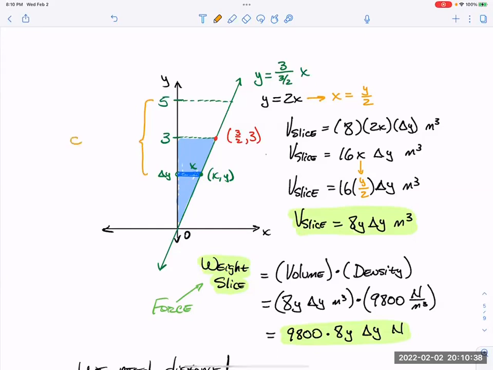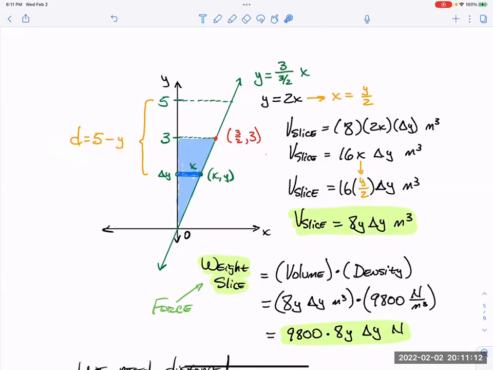Now, what is that distance? Remember, you take the larger, subtract the smaller. So that distance should obviously be 5 subtract the arbitrary y value where this slice is located. So there is your distance there, 5 minus y.